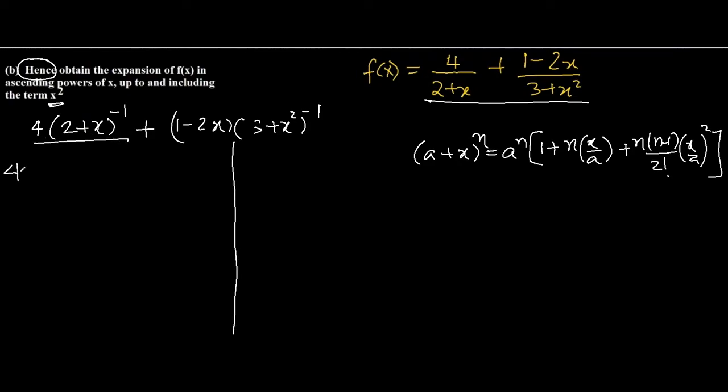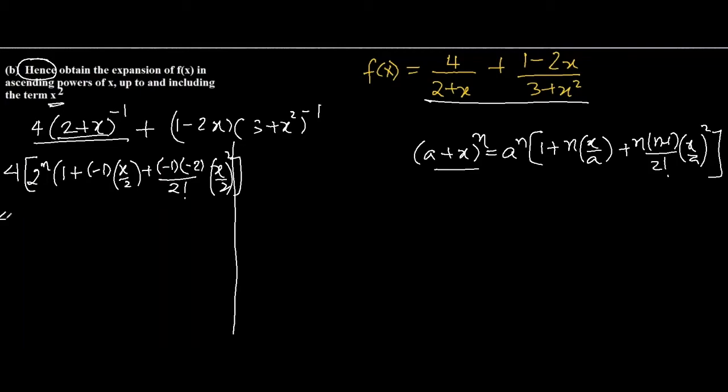So let's keep 4 here outside and use this formula to expand this. So 2 to the power n, 1 plus minus 1 x over 2, plus n minus 1 means minus 1 minus 1, minus 2 over 2 factorial, x over 2 squared.